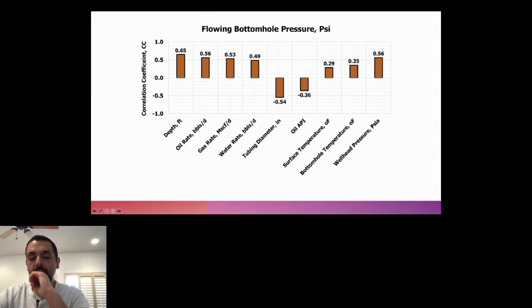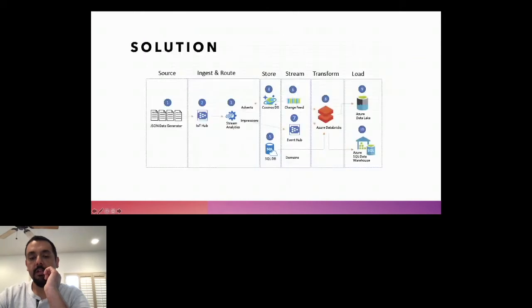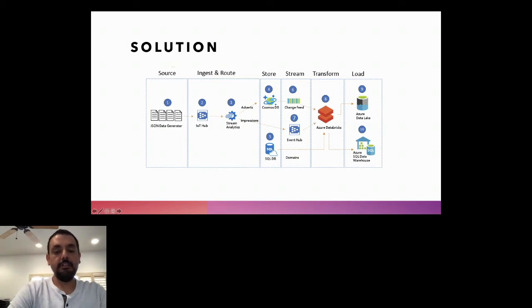Because this solution is extremely scalable, it can increase the amount of computation it needs if there's a lot of data coming in, and can scale itself down because it's a platform as a service. So when the sensor data starts coming in, it scales up and does the transformation.